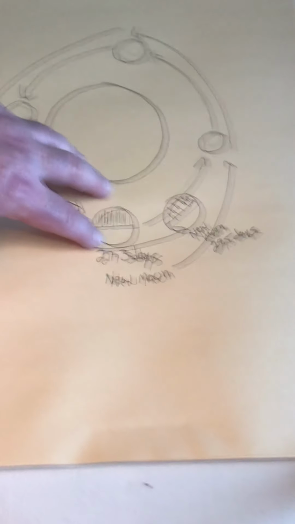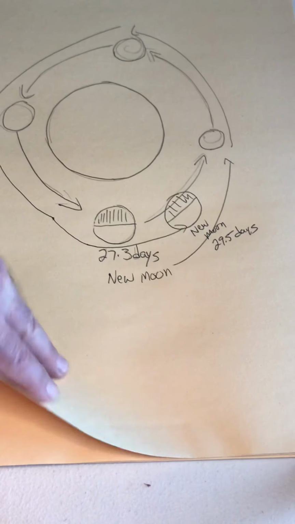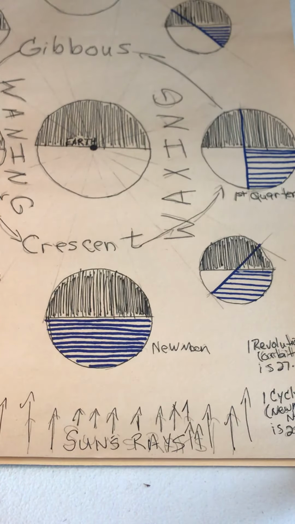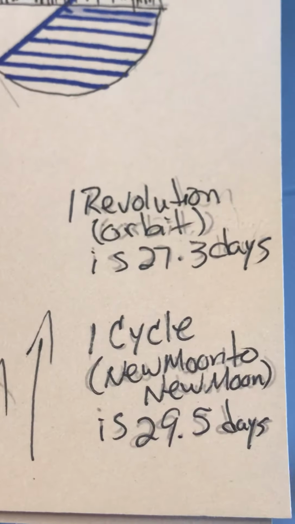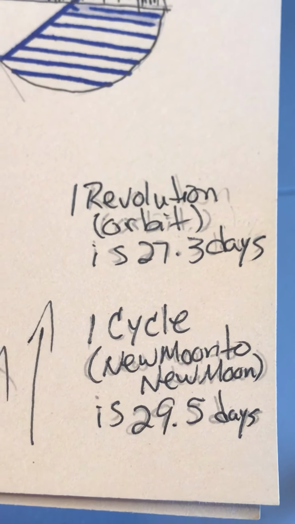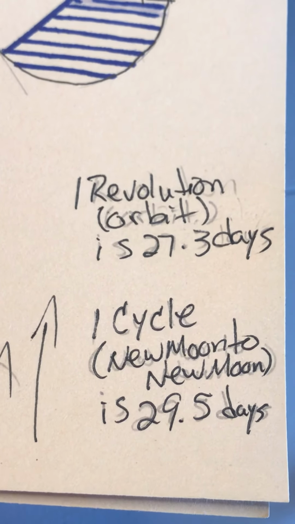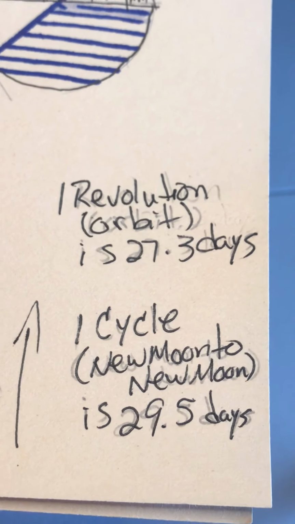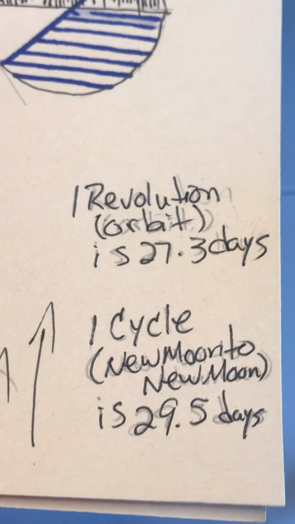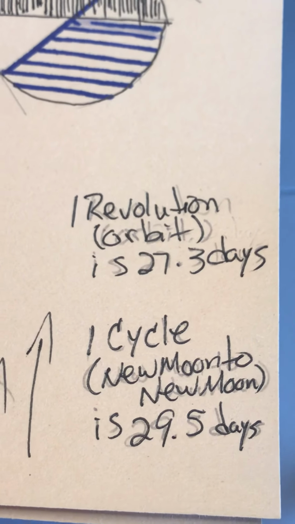You don't have to draw this one if you don't want to, but you do want to add this to the corner. One revolution or orbit is 27.3 days. One lunar cycle, like new moon to new moon, is 29.5 days.